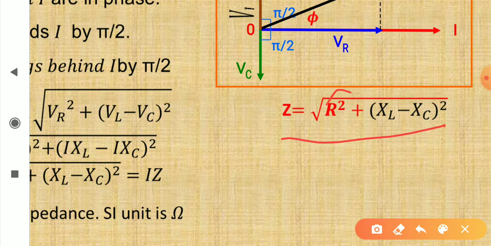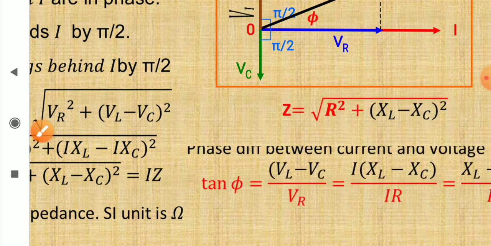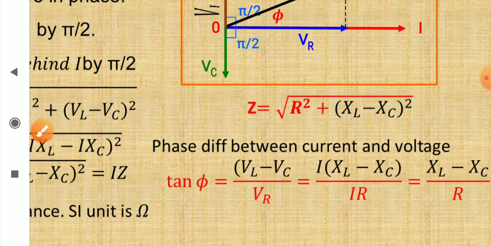See, this resistance is always there. Now this XL minus XC is the resultant reactance in the circuit, and its square, and phase difference between current and voltage.